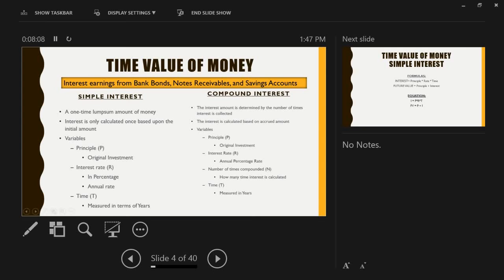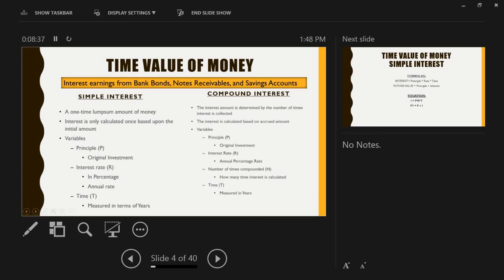And this one, it's going to be the same components, except you have one additional thing, and that is the number of times you're being compounded for. So again, your principal is going to be your original investment. Your interest rate is going to be a rate, which is normally an annual rate, so it's calculated for every year.